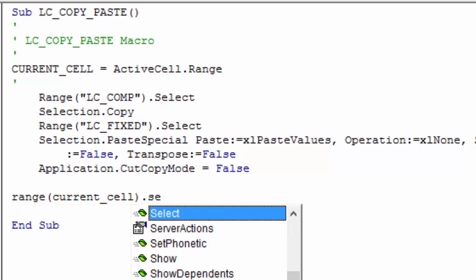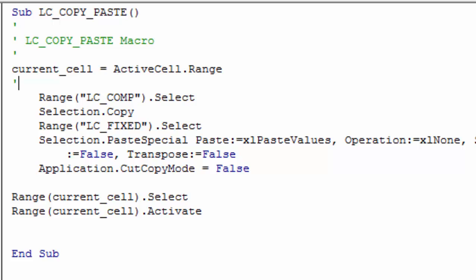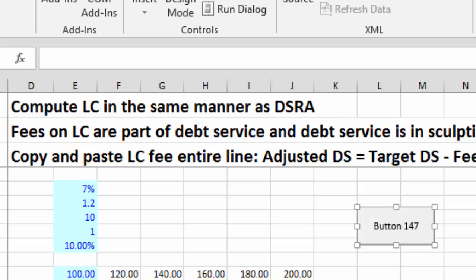And sometimes it doesn't work, so I put activate. Probably still won't work.